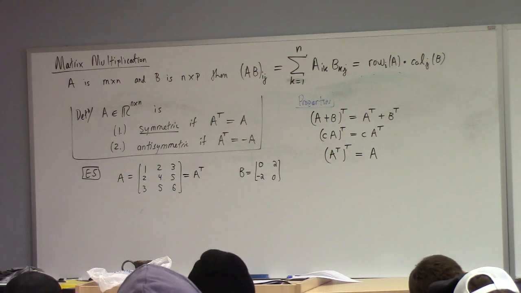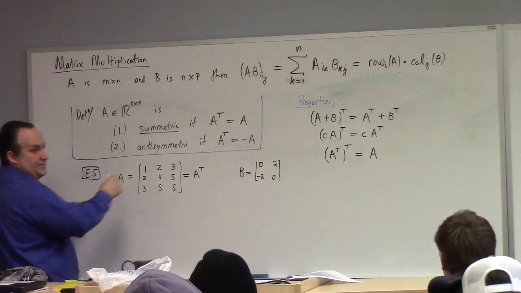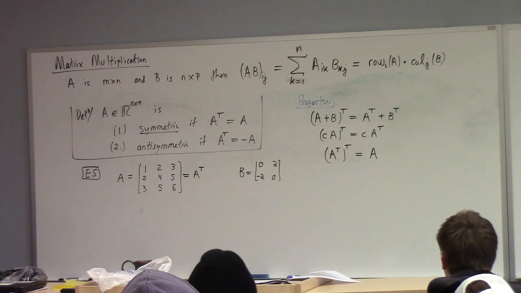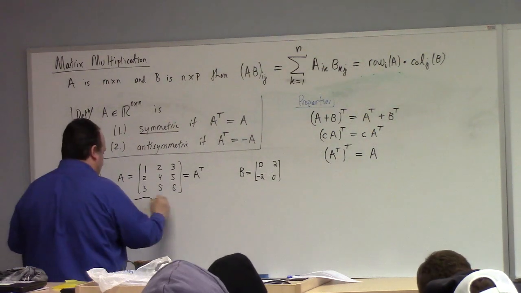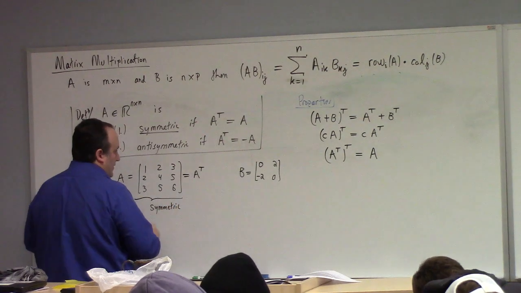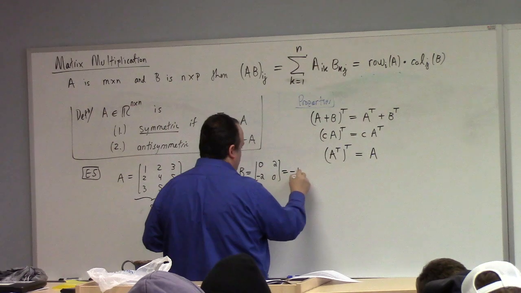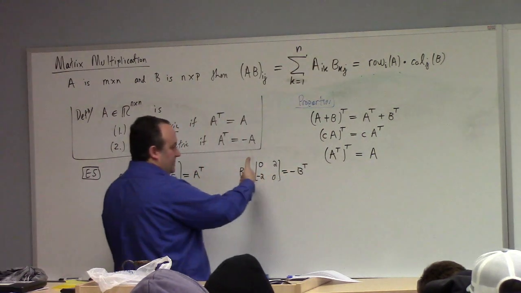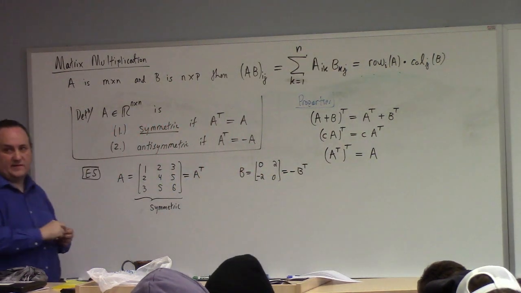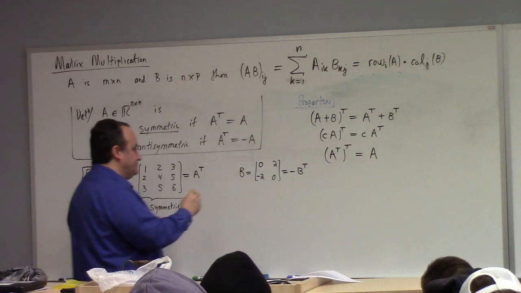Another way to look at it is, if you reflect the numbers across the diagonal, they have to match up. So this is a symmetric matrix. And this over here is what? This is equal to minus B transpose, right? Because if I flip across the diagonal, I get a minus there. So that's an antisymmetric matrix.